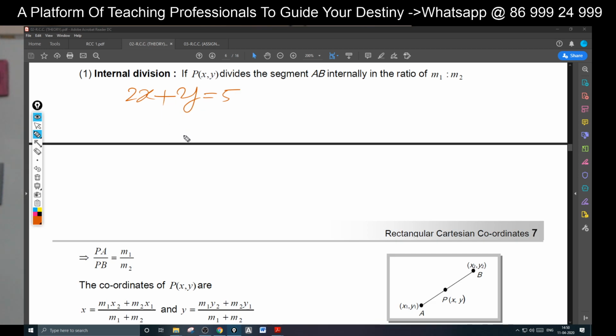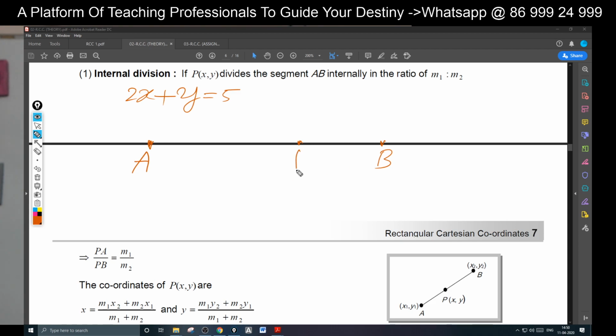But generally, you have learned the line equation in your lower classes. So what I'm doing, I'm creating 3 points here on this line segment.